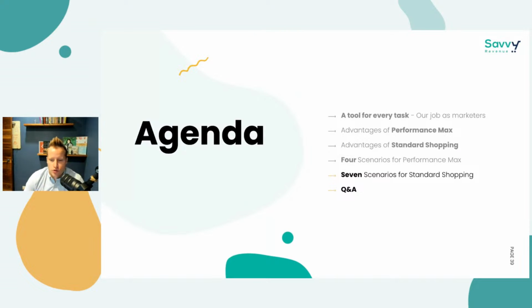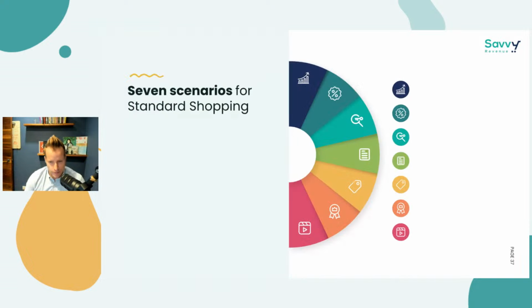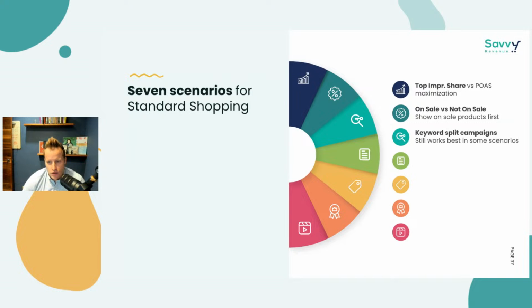So, going to scenarios for standard shopping. We have seven scenarios. First, impression share versus POAS or ROAS maximization. We usually do this when we're tracking profit in accounts. Then on sale versus not on sale. Then keyword split. It still works. It's a little bit of an oldie, but we're not using it for the same reasons we used to, so stay tuned for that one. Brand term split.